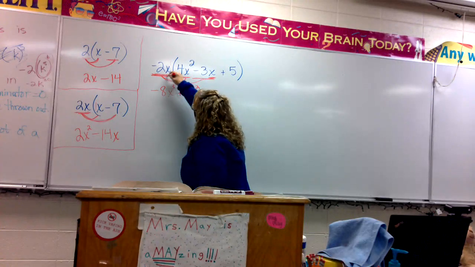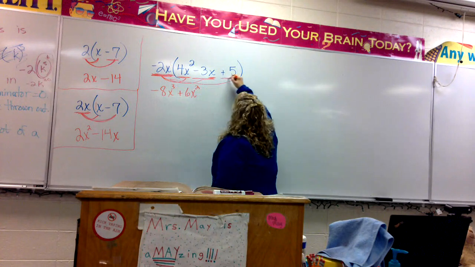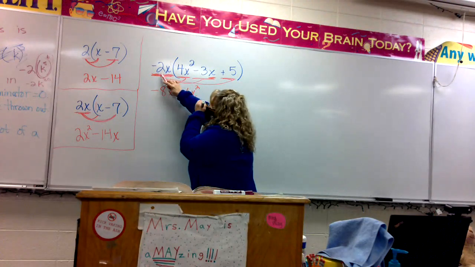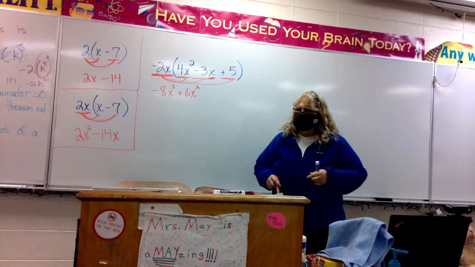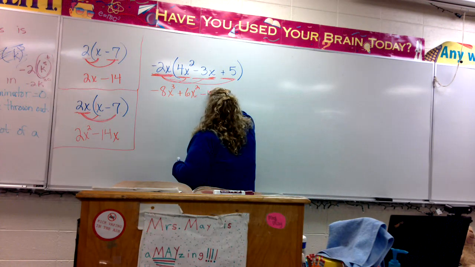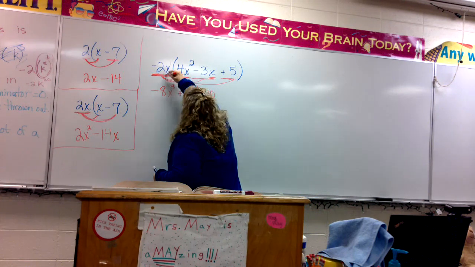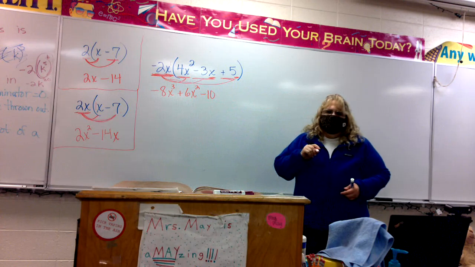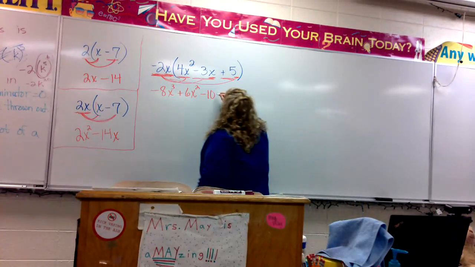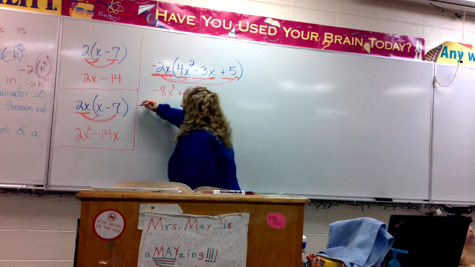And then -2x times this 5. What's negative 2 times 5, Olivia? Very good. She is awake. And then what about the x's, Audra? How many? Just one. Just one. I interrupted you. Sorry about that.